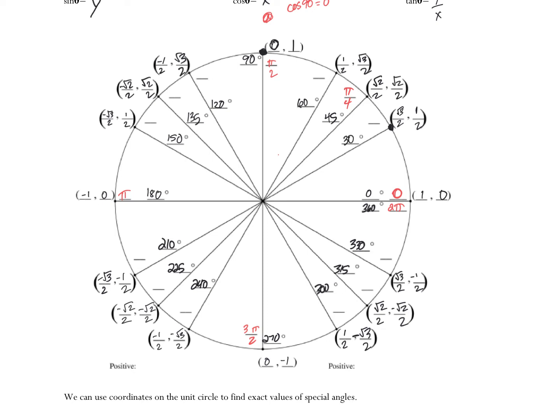Yeah, so now let's start counting fractions again. 1/4, 2/4, 3/4. This pi would be 4/4, right? What do you guys think this one is? 5 pi over 4.